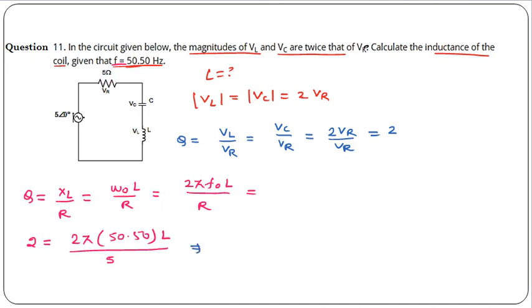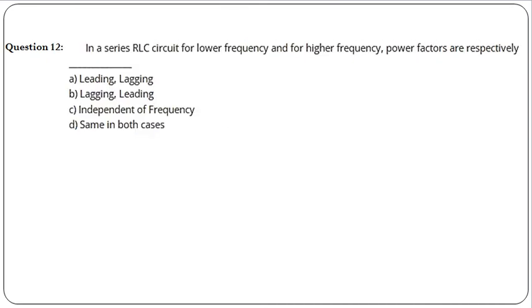So from here we get the inductance value. This 2 will get cancelled out, so the L value we are getting as 5 by pi into 50.50. Okay, so this will give 31.5 millihenry. So this is the answer for this question.